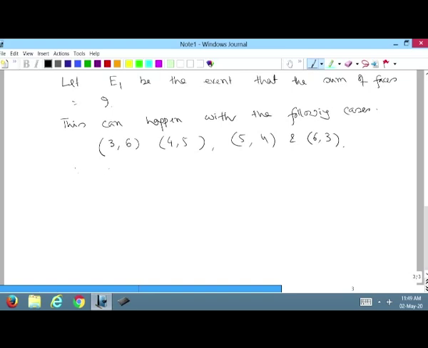Therefore, probability of E1 is equal to 4 upon 36, which is 1 upon 9.